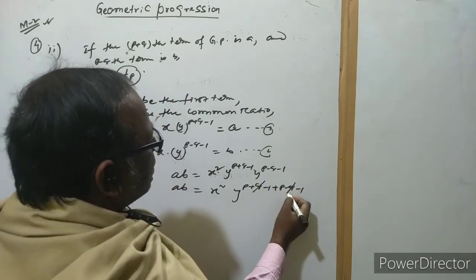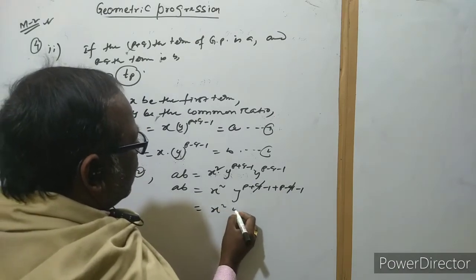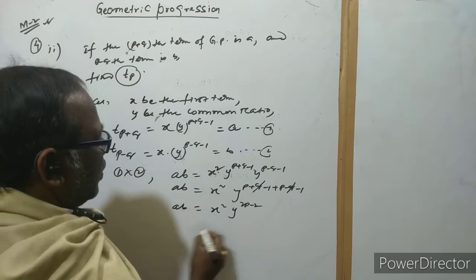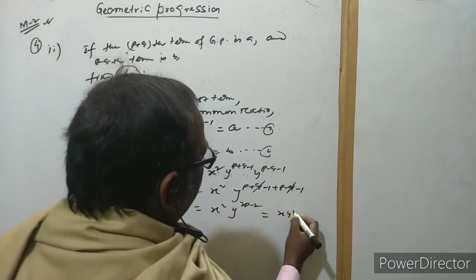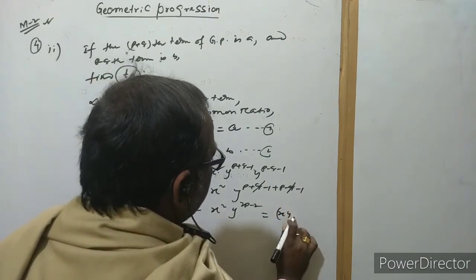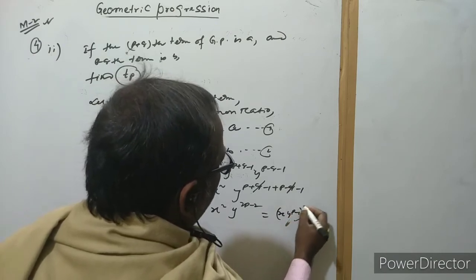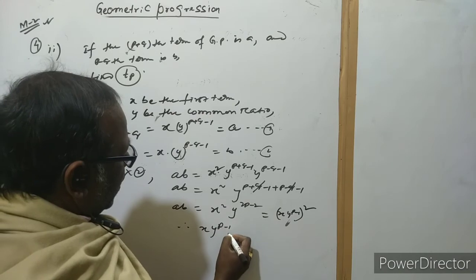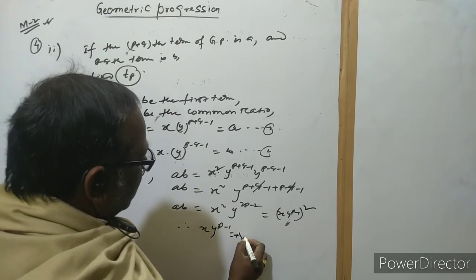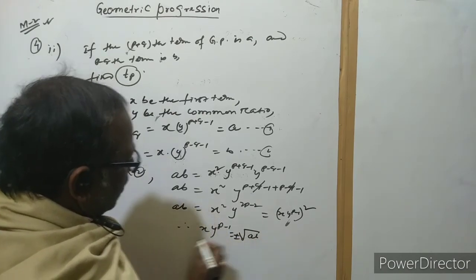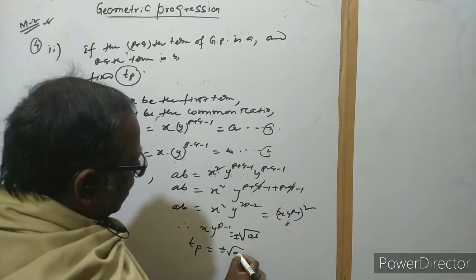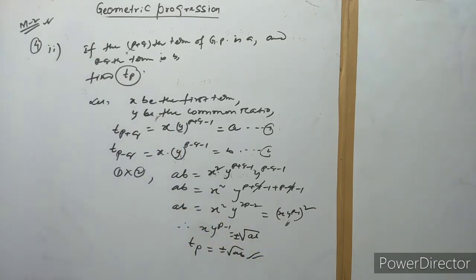So this is X square and Y to the power 2P minus 2. So now we can write here X and Y whole to the power P minus 1, okay, X into Y to the power P minus 1 is equal to plus minus root over AB. Therefore the T suffix P is equal to plus minus root over AB. So this is your solution.